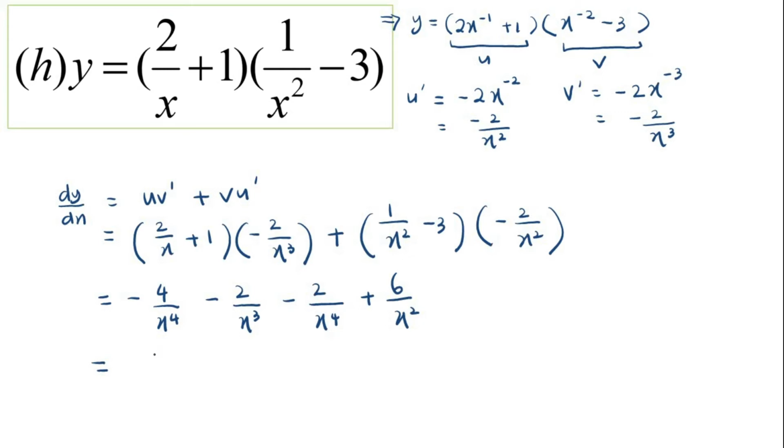So your final answer would be negative 6 over x to the power of 4 minus 2 over x cubed plus 6 over x squared. If you already master the skill of basic rules, you won't have any problem solving this question.